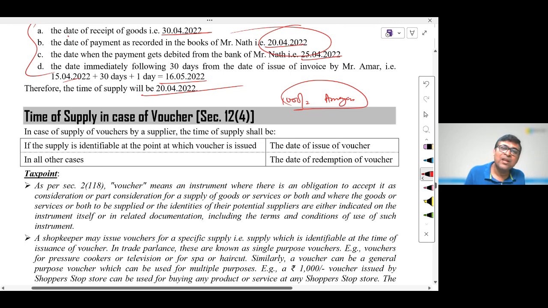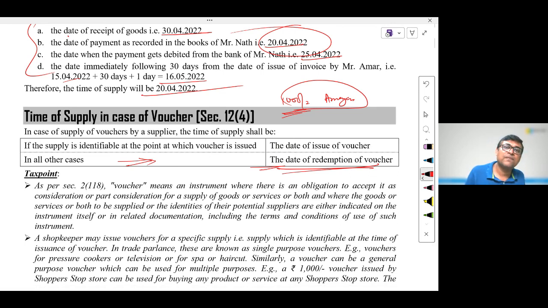So in this case, when I bought these vouchers from Amazon, what type of supply should it be? My friend would buy using these vouchers, and it is not known to Amazon. In that situation, when this 1,000 rupees is redeemed by my friend, as on that date, whatever items he buys, accordingly the rate of GST would be finalized. Accordingly, the time of supply would be finalized.